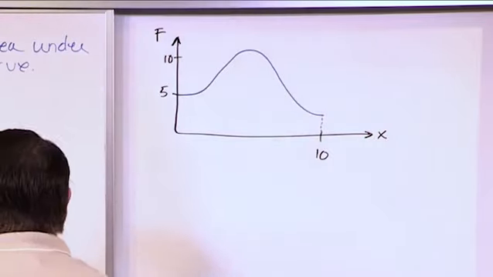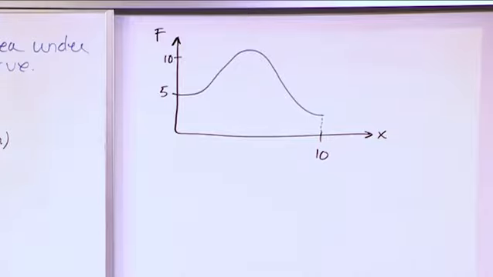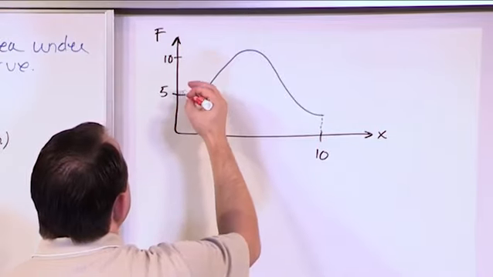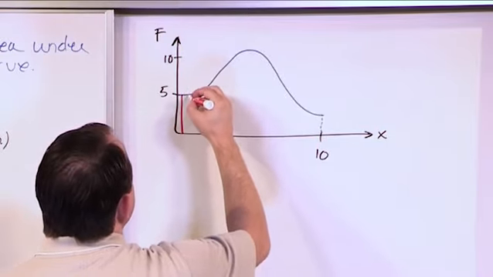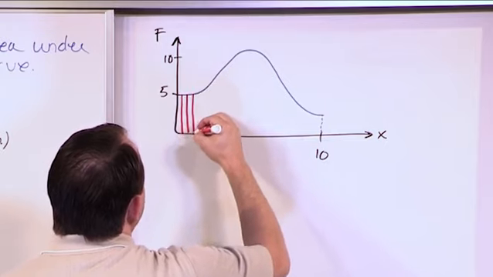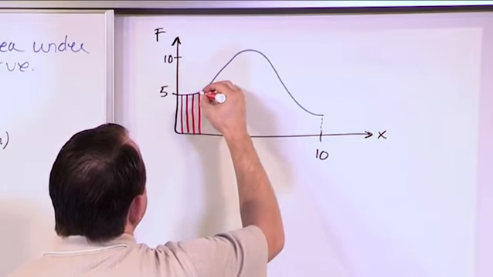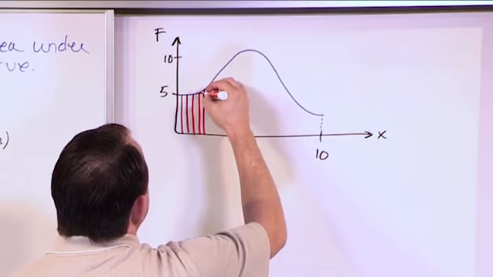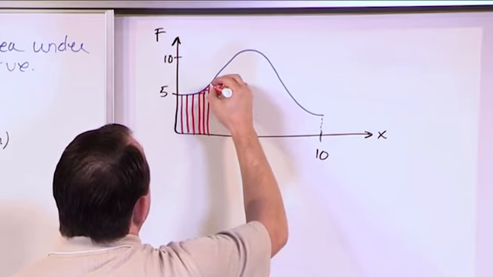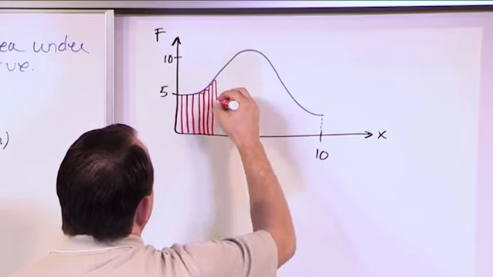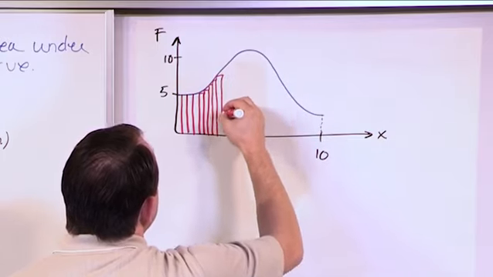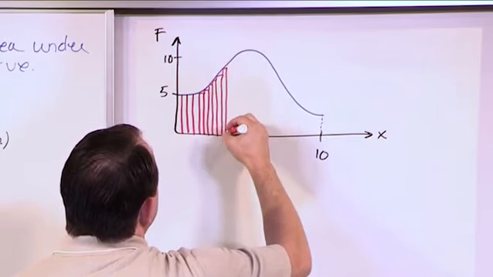All right, so how can I improve on that estimate? Well, one way I can improve on it is I can make these rectangles much, much narrower. I can have like 3 times as many rectangles. So I could do something like this. And you can see how I'm climbing up the curve, right?